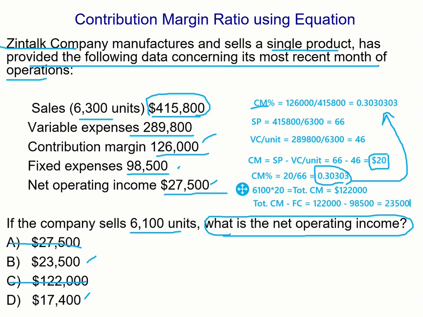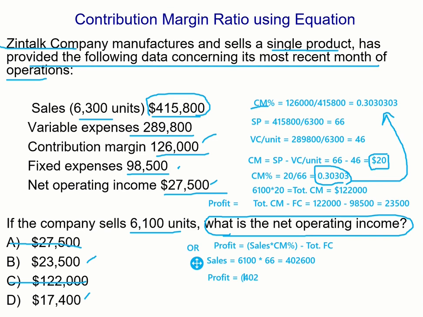Now, if I use the other formula, which is the percentage, first I have to find sales. It's 6,100 units times the selling price per unit of 66. So 6,100 times $66 is going to give me total sales of 402,600. Now you have to multiply by 0.303030 repeating, because this is going to be a rounding issue.